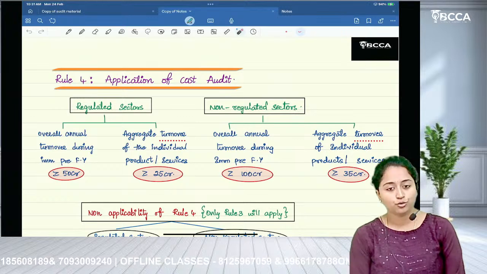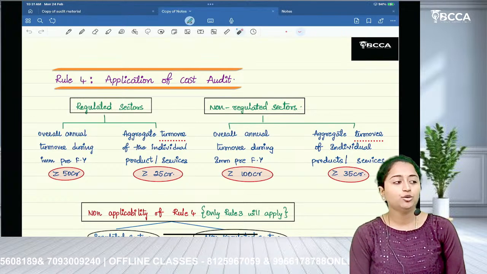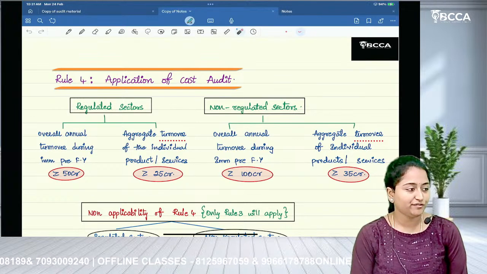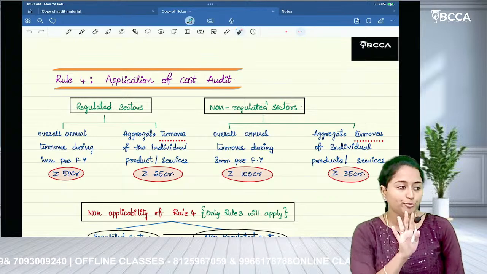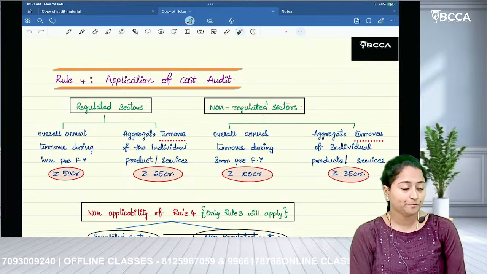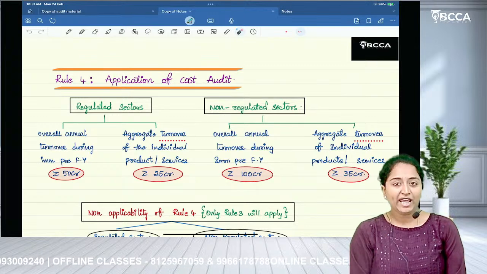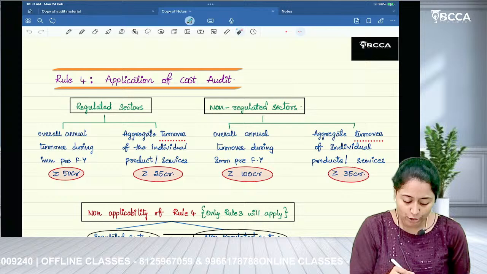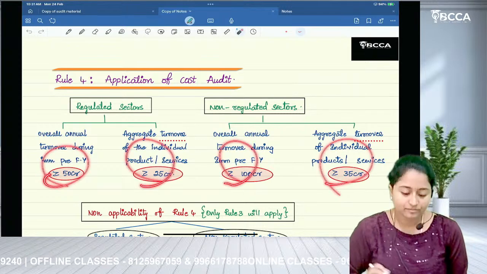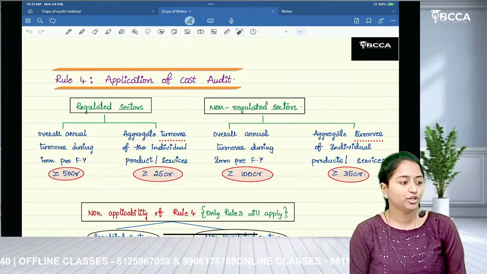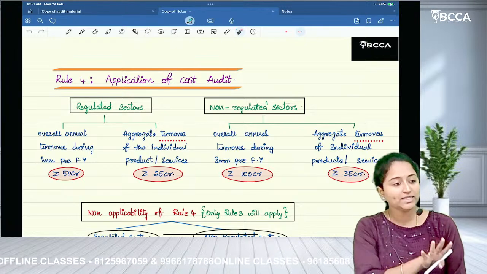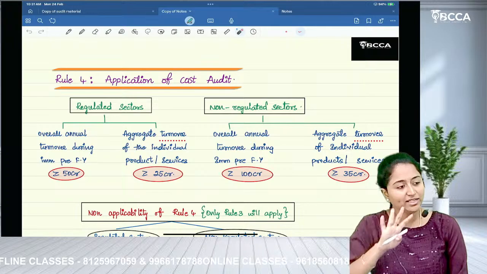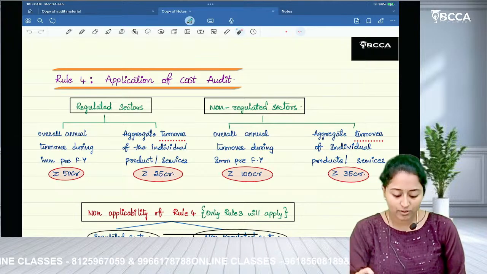The answer is no. If the turnover from products or services in the preceding financial year is more than or equal to 35 crores, then they have to maintain cost records. But even after that, only if they fall into these limits will they do the cost audit. If not, cost audit is not required. Cost records they have to maintain; cost audit they need not do.